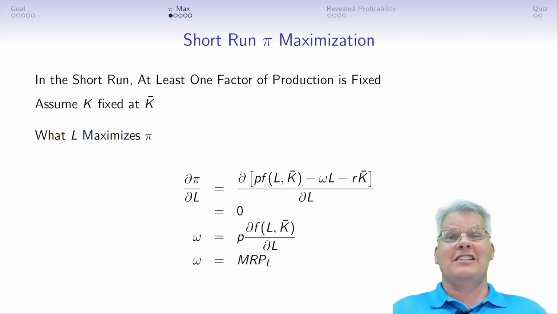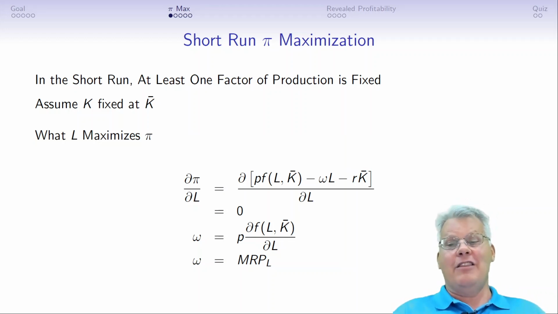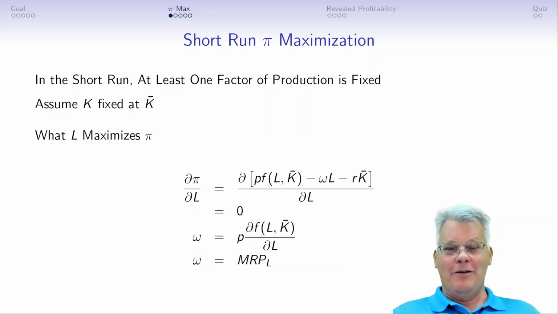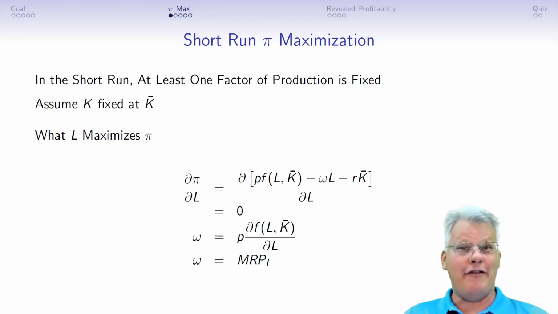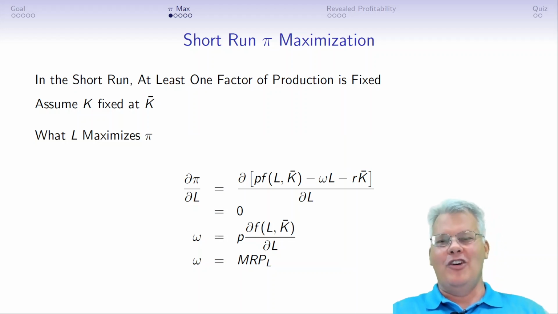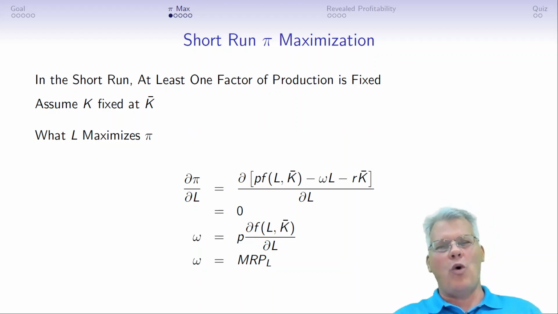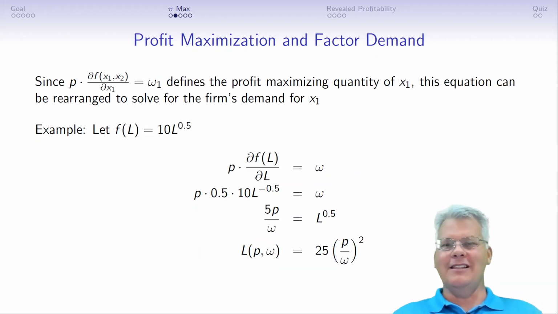So profit maximizing behavior is that the firm should choose the level of labor input where the cost of another unit of labor input is equal to the benefit of employing another hour of labor. Quite intuitive and sensible.